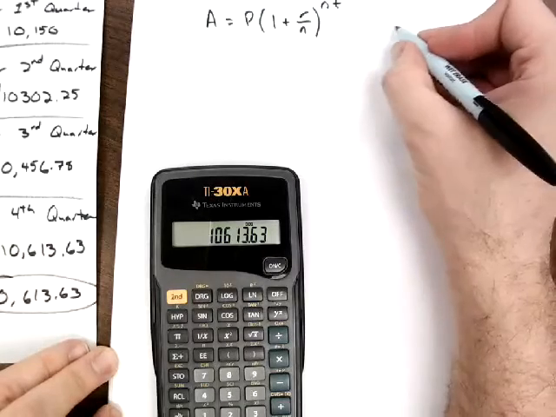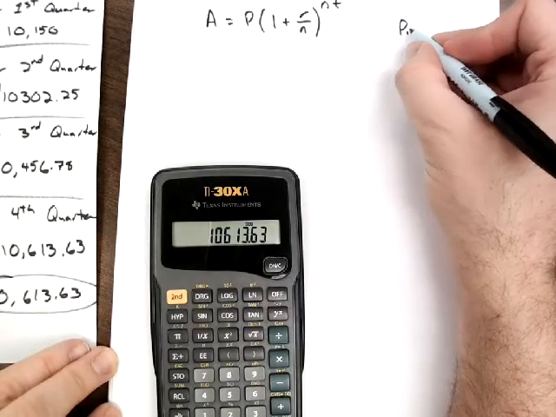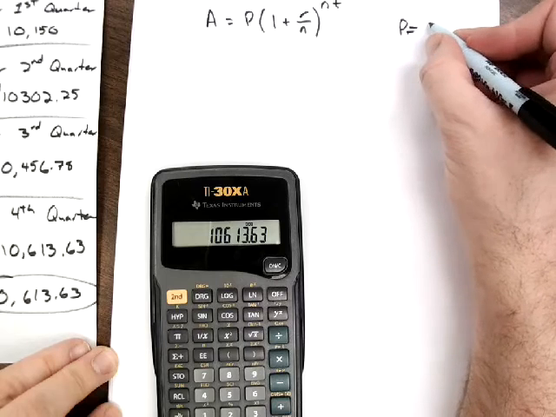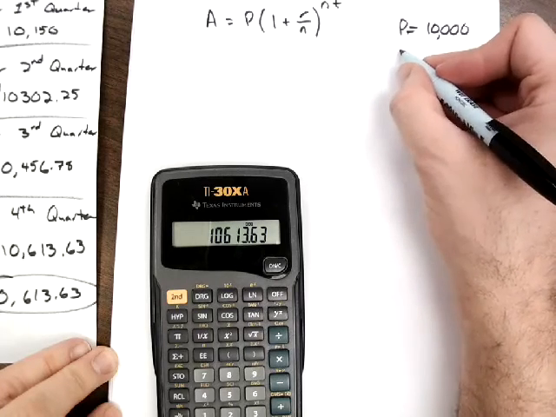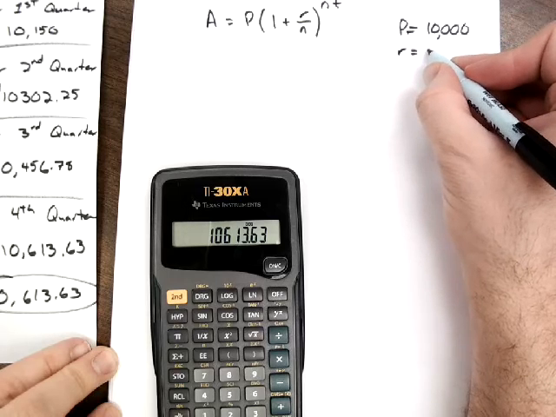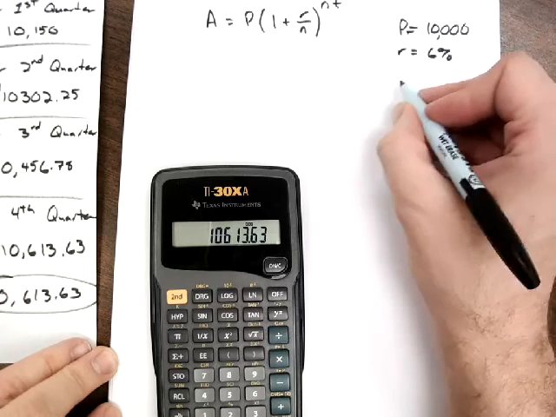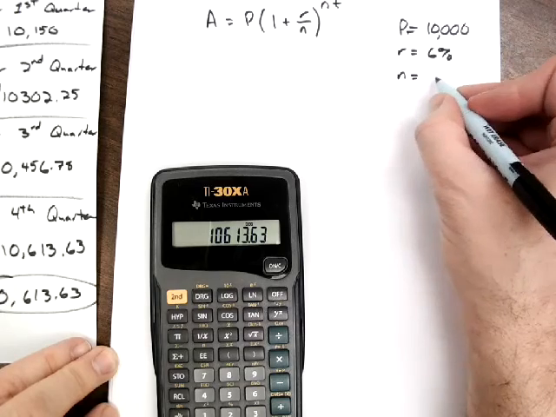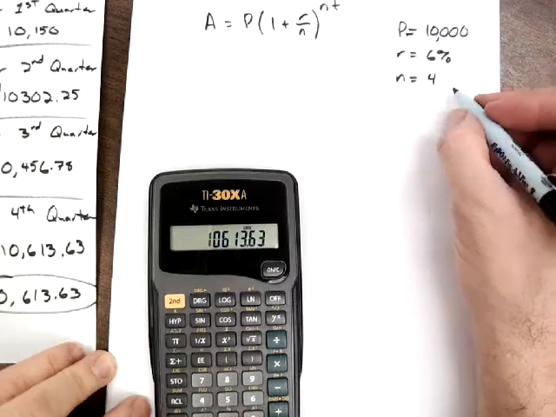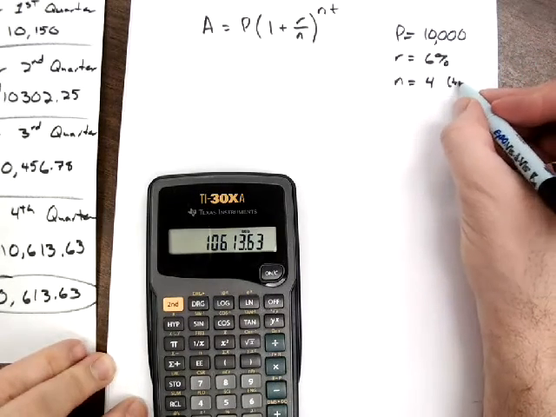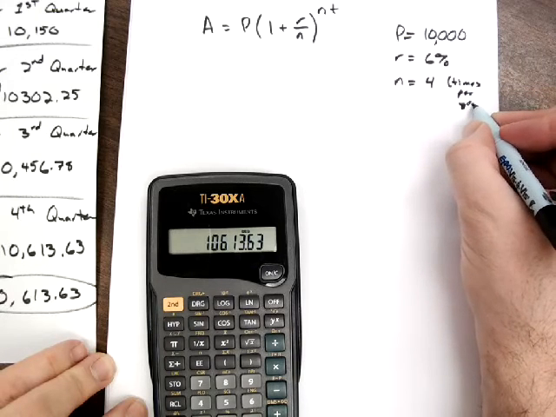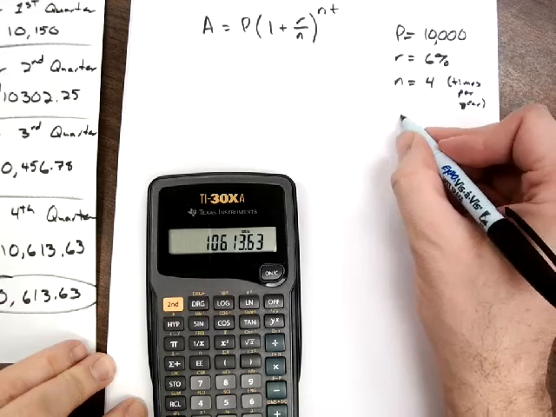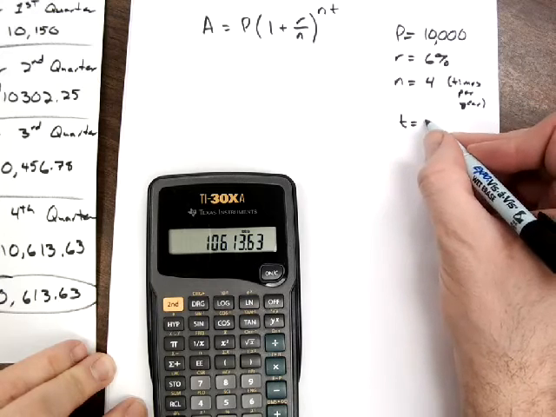Now I said that my principal was $10,000. I said that my rate was 6%. When I compound quarterly, I'm basically saying that I've got 4. This is 4 times per year. And here our time is just going to be 1 year.